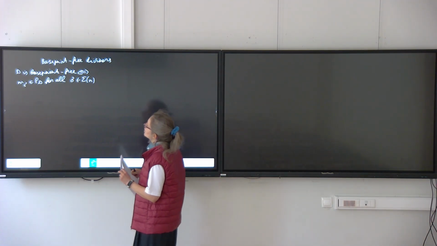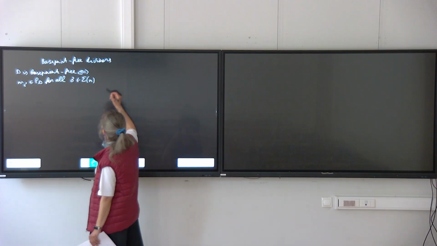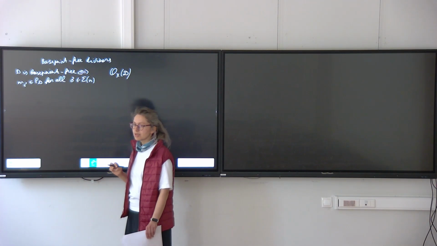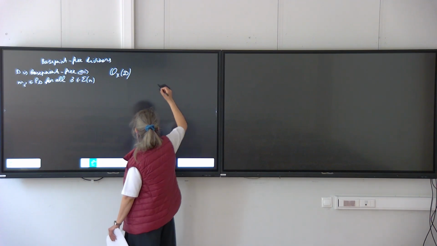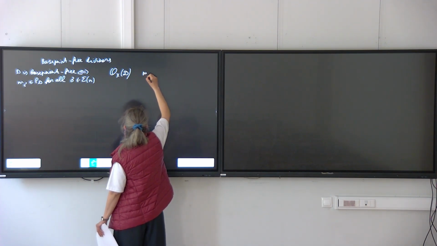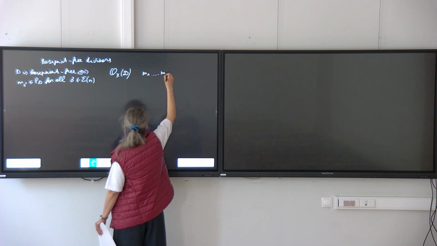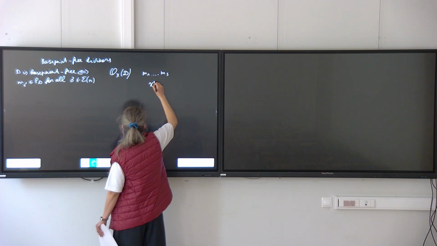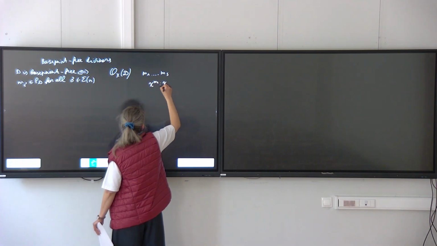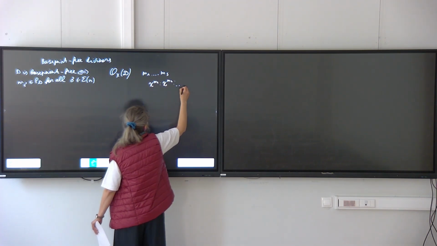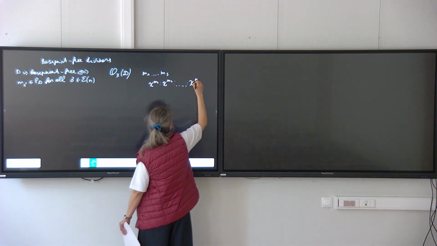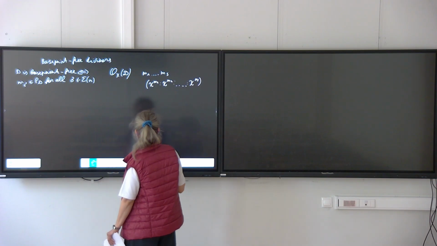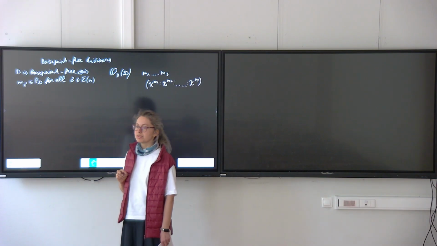So if we have a divisor such that O_X(D) has enough global sections, then we know that they are given by some characters, m_1, etc., m_s. Such a construction, chi^{m_1}, chi^{m_2}, etc., will give us a map.